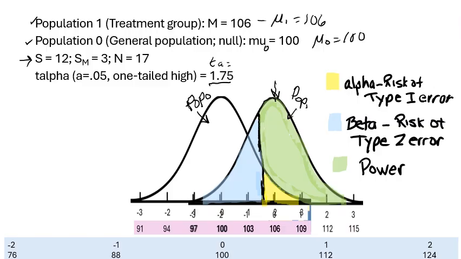We'll call it the mean associated with alpha. All we have to do is use our regular old formula for going from a z-score to x.